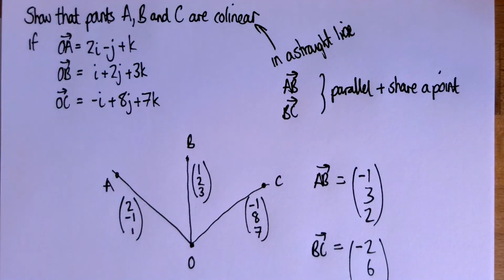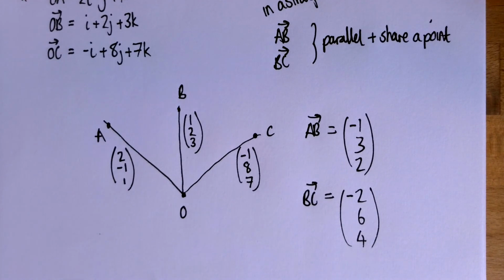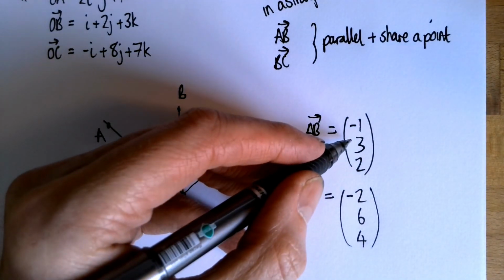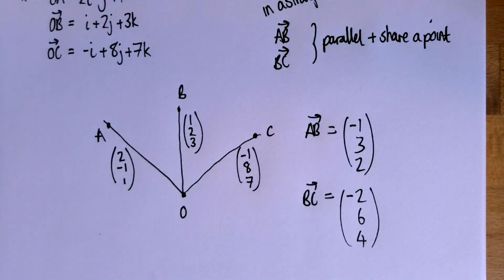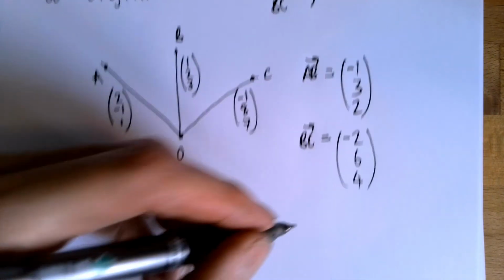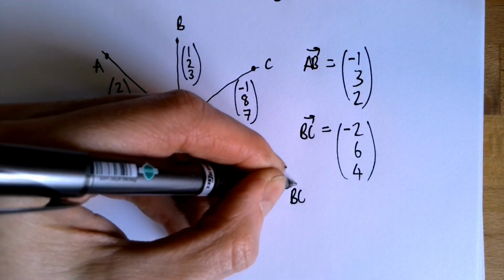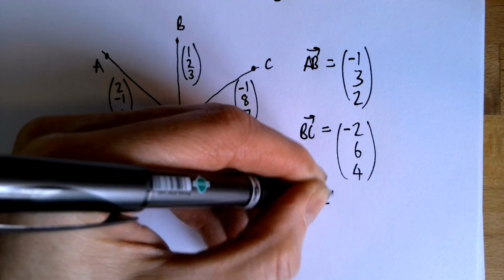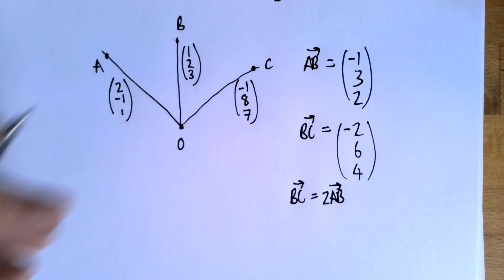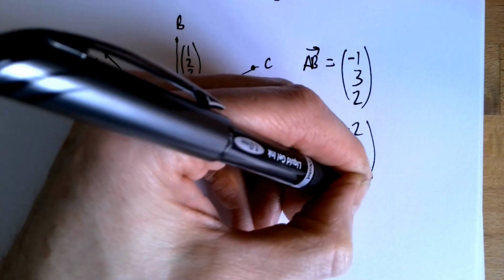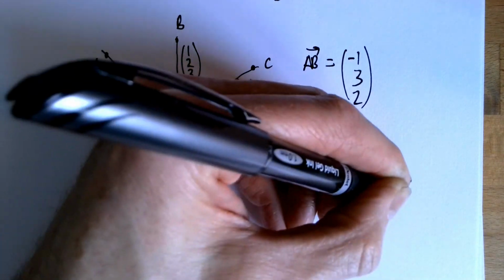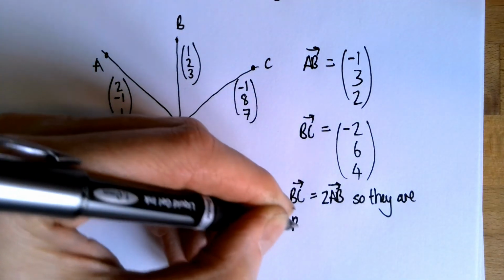So I can see that to get from AB to BC, we're doubling everything. So I can write BC equals 2AB. So they are parallel.